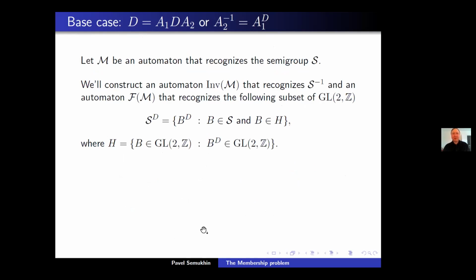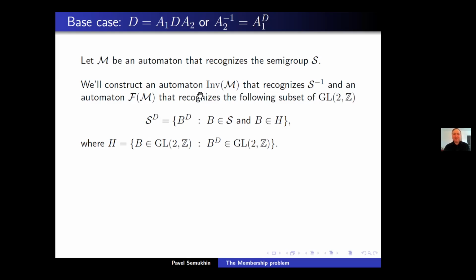Okay, now let's go back to the proof of the main result. As we noted, every semigroup S is a regular set, and so let M be an automaton that recognizes such semigroup. And for this M, we want to construct two new automata.